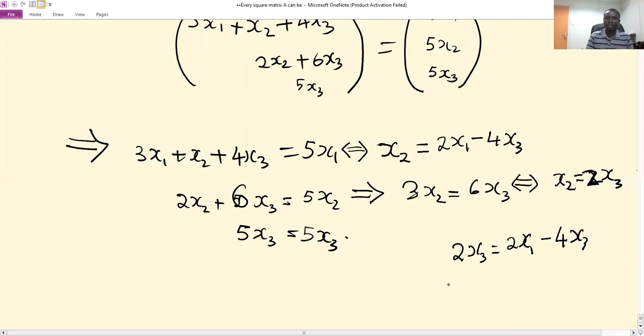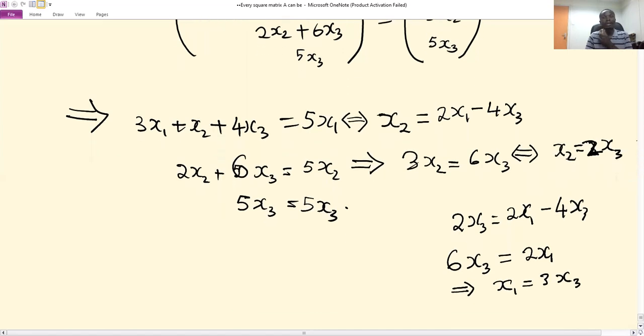So bring this to the left-hand side, we have 6x3 equals 2x1, and that means x1 divided through by 2 is 3x3. So all these variables are expressed in terms of x3, and x3 can take on any number from this equation. Any real number you pick will satisfy this equation.